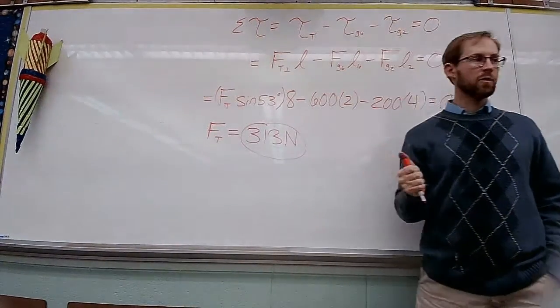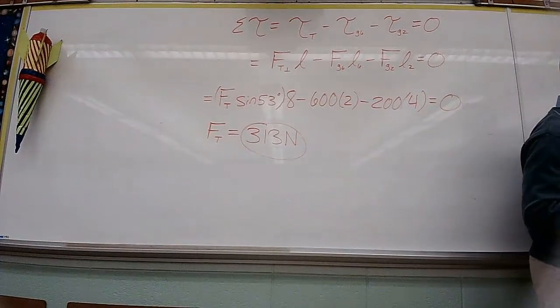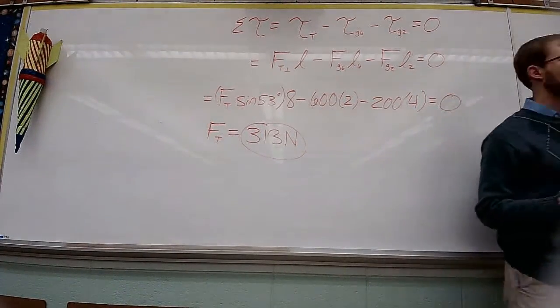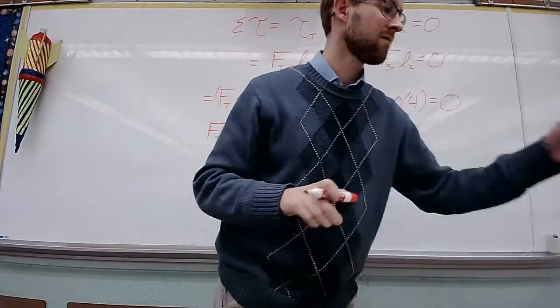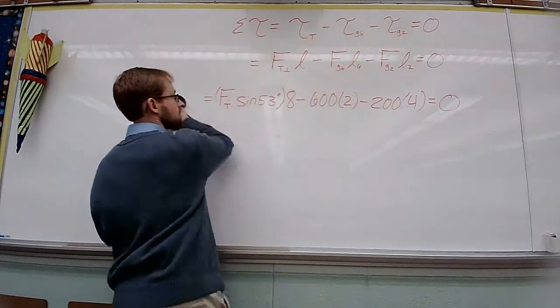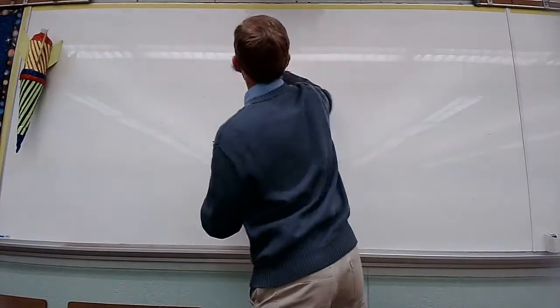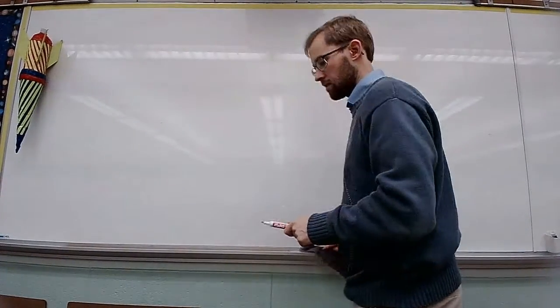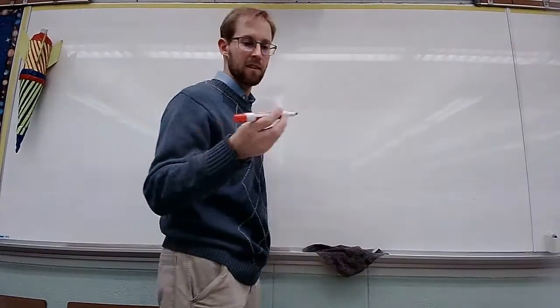So we still have to solve for the force of the wall on the pivot, and we've got to solve for the angle. So here's what we do. We know the tension force, and that's going to help us solve for the angle.